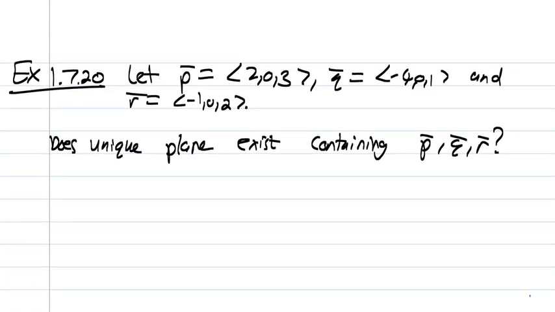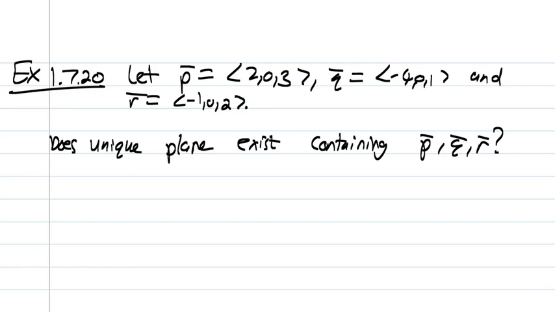So here we have the points P, which is the point 2, 0, 3. We have the point Q, which is minus 4, 0, 1. And we have point R, which is minus 1, 0, 2. So the question is, does a unique plane exist containing P, Q, and R?